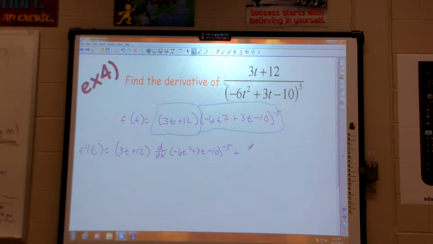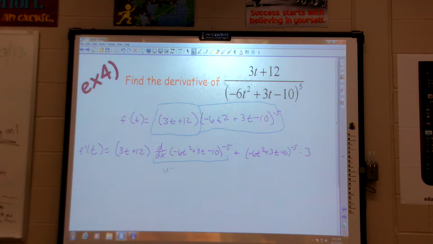Plus the second, I'm going to run out of room, times the derivative of the first, which, hey, go ahead and take that derivative. Isn't that a quick derivative? 3. You could write d/dx of that. Wouldn't hurt. But if it's an easy derivative, take it. So now I just have to work on this.